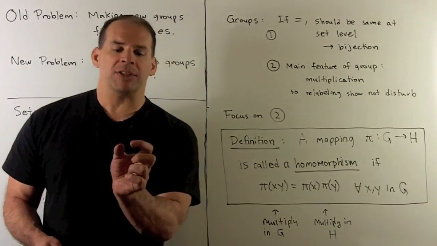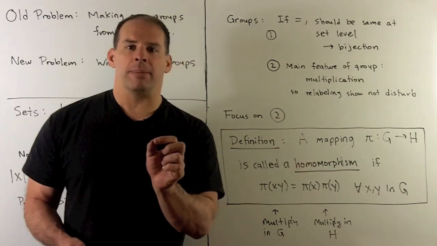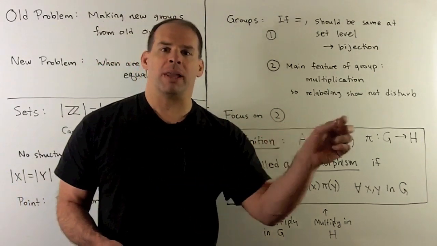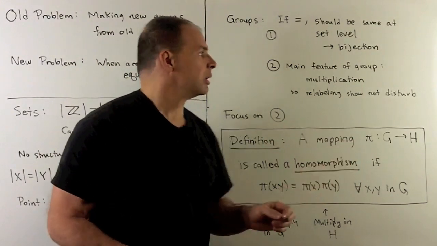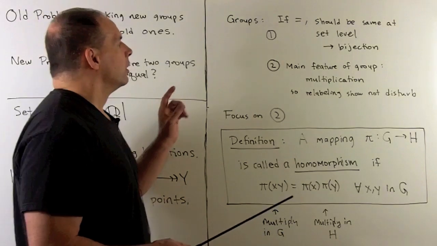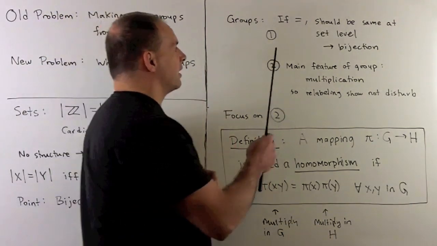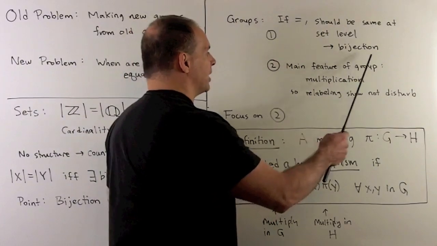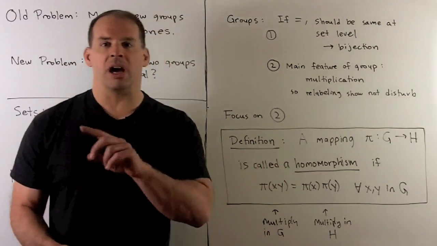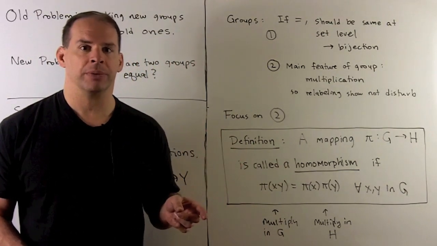So if we multiply two elements and apply our bijection, it should be the same as if we just apply the bijection to both our elements and then multiply on the other side. So that's going to be our definition. We want two groups to be the same if on the set level they're equal, so we have a bijection, and then we want multiplication to be undisturbed by the relabeling of the points, by the bijection.